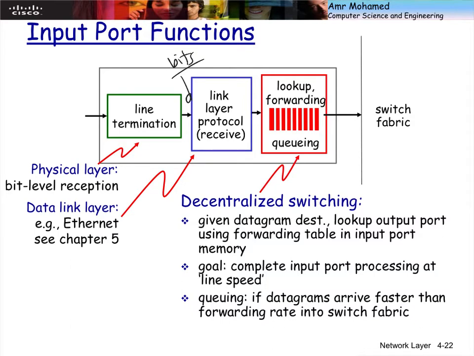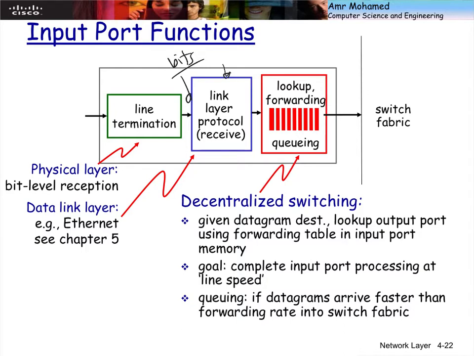Line termination performs the channel estimation, the signal detection, and all of this. It converts all the signals, whether digital or analog, into bits, and then it feeds that to the link layer part.